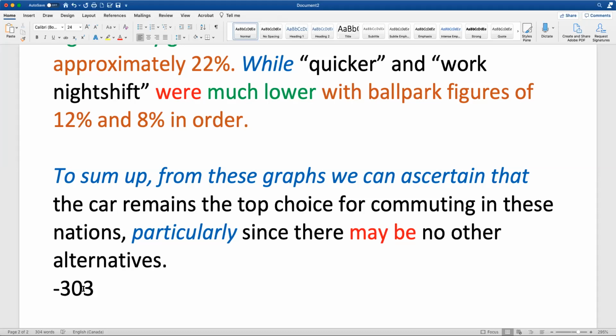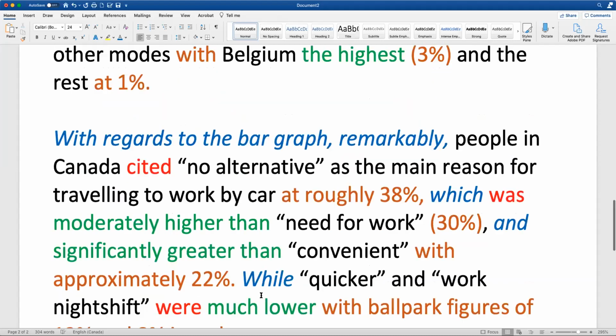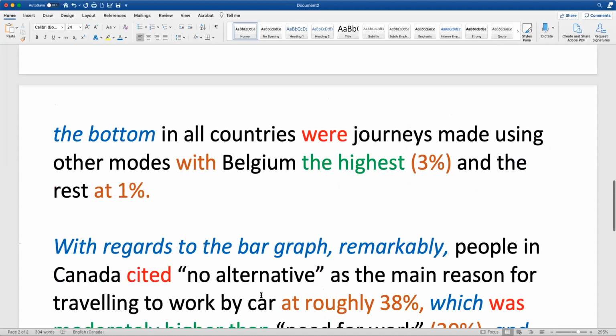So this one here is 303 words. I can definitely see that level 7s could struggle writing this length. Level 8 and 9s would not struggle at all. Again, these sentences are mechanical.